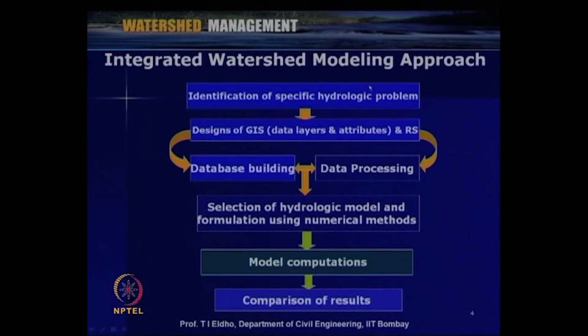Here I have shown a flow chart of how we can do the integrated watershed modeling approach. First, we have to identify the specific problem. It can be a hydrologic problem, or a soil erosion problem, or a sediment yield problem, or whatever problem we are trying to address as far as the watershed is concerned. For any of these studies we need a good amount of data.